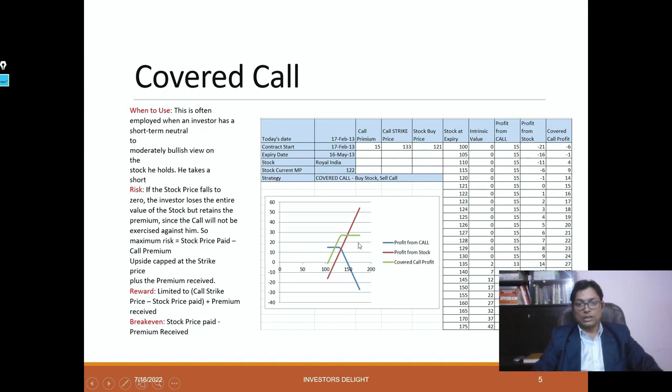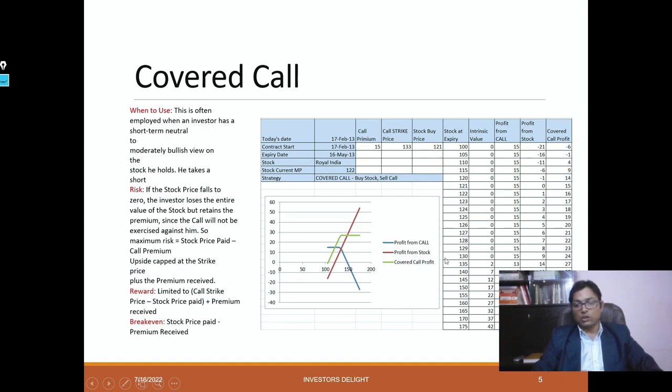So it shows that your profit is capped at 27 at the end, if our call premium is 15, the call strike price is 133 and the stock buy price is 121.